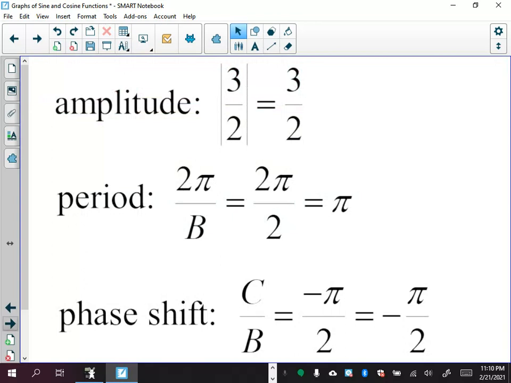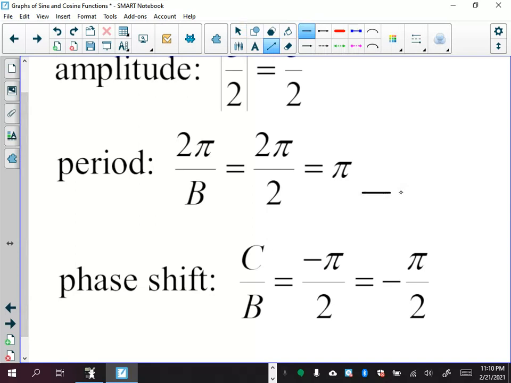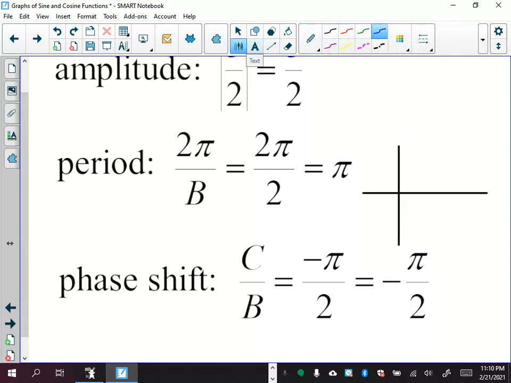So when I put everything together, my amplitude is 3/2. My period is 2 pi divided by 2. And my phase shift is going to be negative pi over 2. That basically means if I'm looking at a graph here, instead of starting at 0, I'm going to start over here at negative pi over 2, and I've got something that's going to do that shape there.